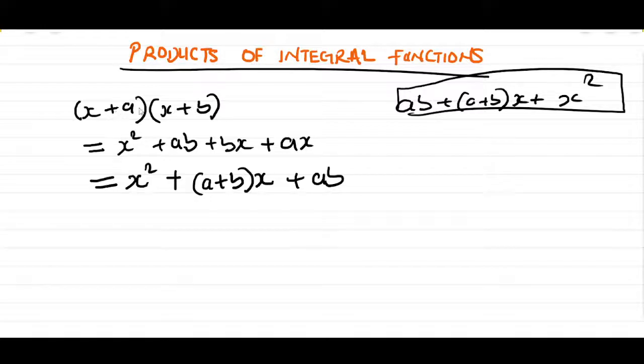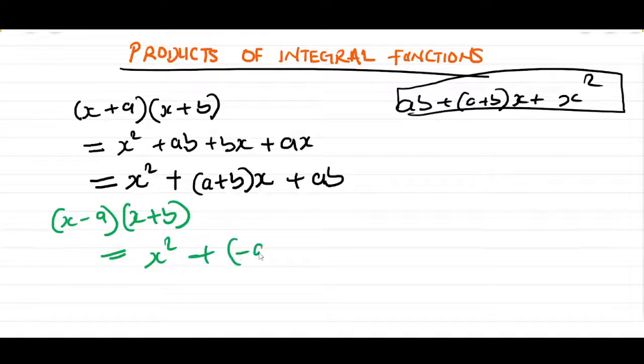Now if we change a to negative a, we will have that x minus a multiplying x plus b is the same thing as x squared plus negative a plus b x minus ab.